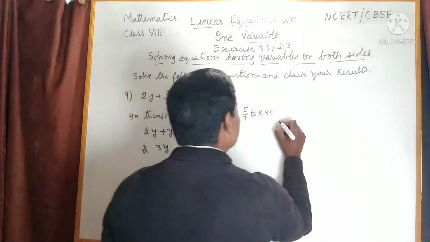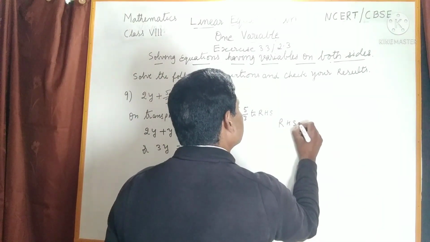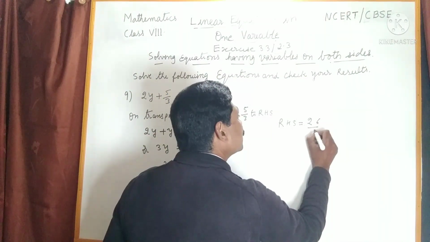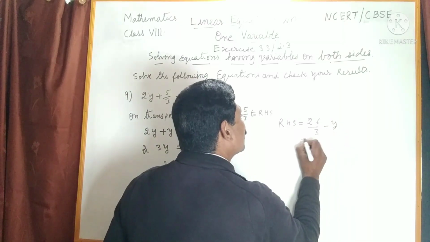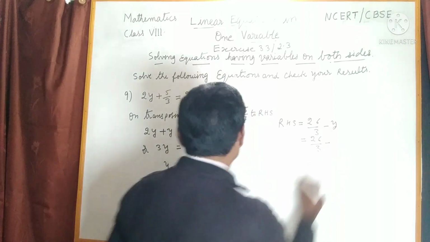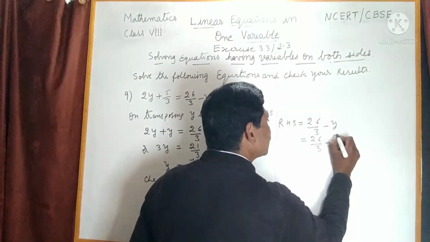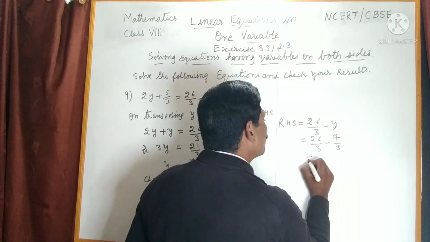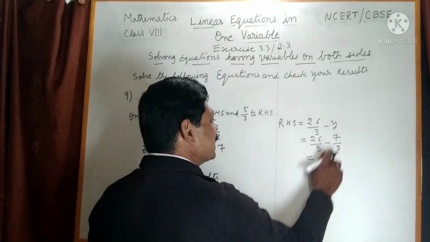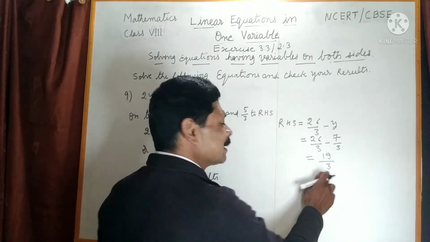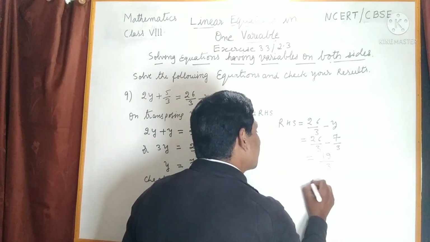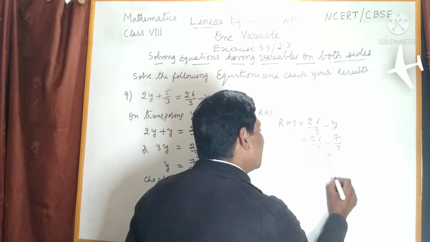And RHS is equal to 26 by 3 minus y, is equal to 26 by 3 minus 7 by 3, is equal to 19 by 3. 26 minus 7 is 19 and common denominator is 3. Therefore, left hand side is equal to right hand side.